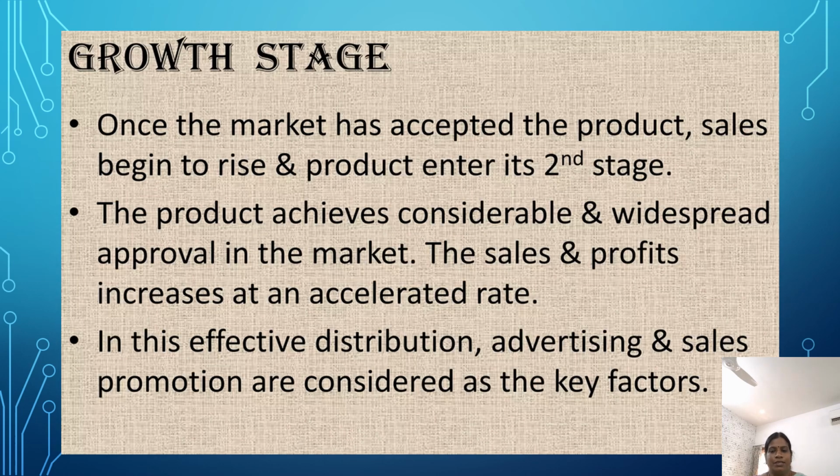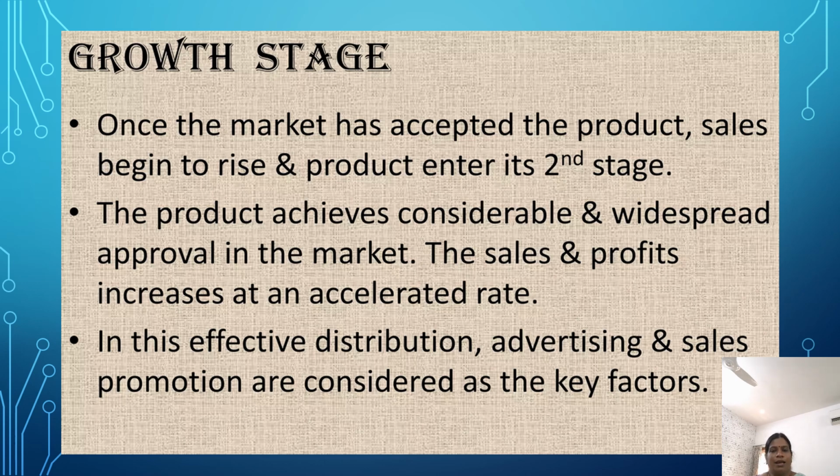Now the second stage of the life cycle of the product. Once the market has accepted the product, sales begin to rise. Market means consumers. The product achieves considerable and widespread approval in the market. The sales and profit increase at an accelerated rate.